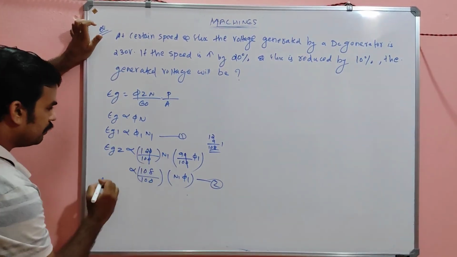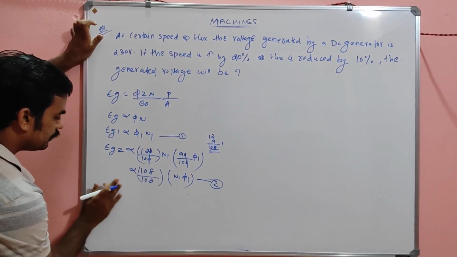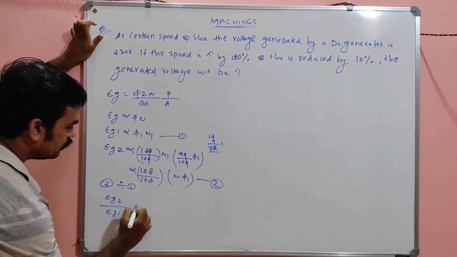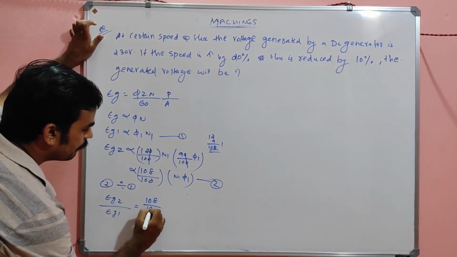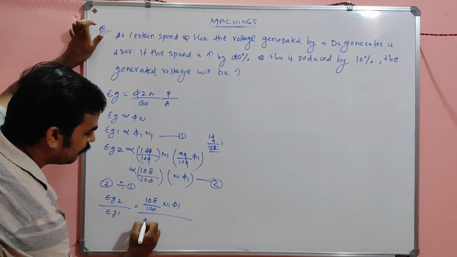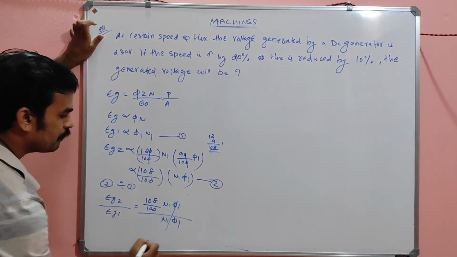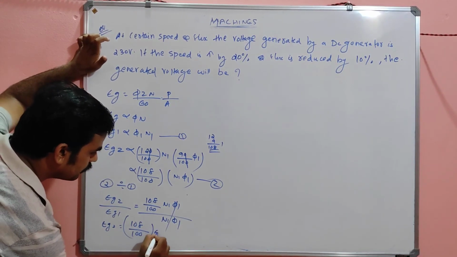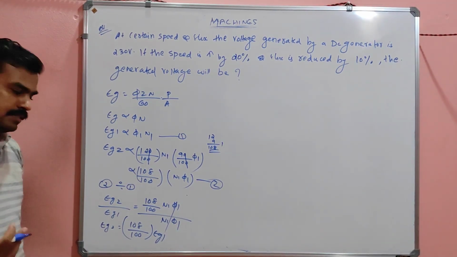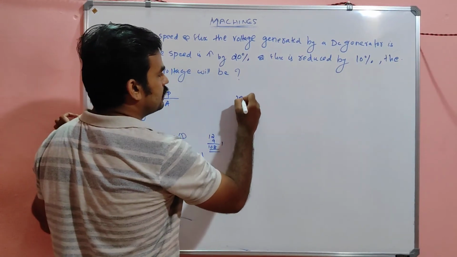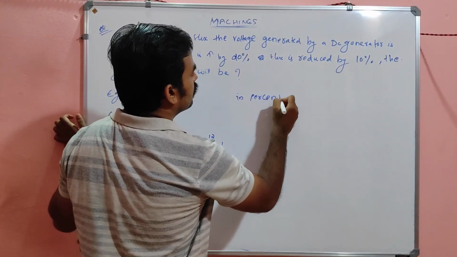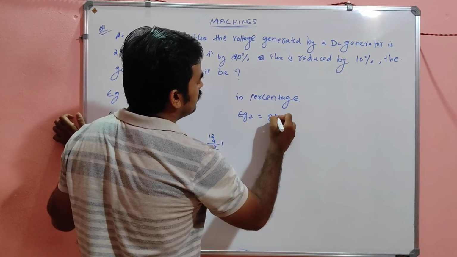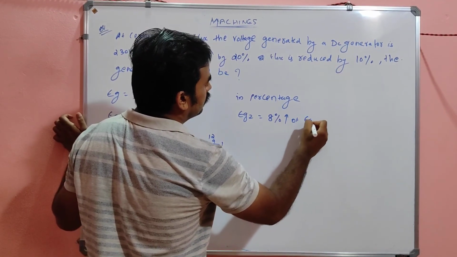So what is 2 by 1? Eg2 by Eg1 will be equal to 108 by 100. I can say in percentage, Eg2 will be 8% more than Eg1.